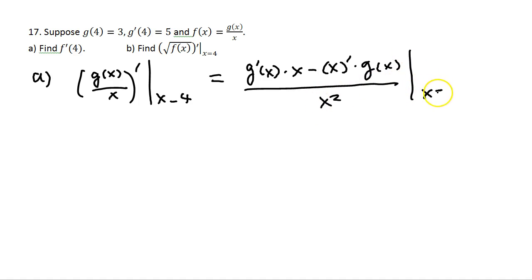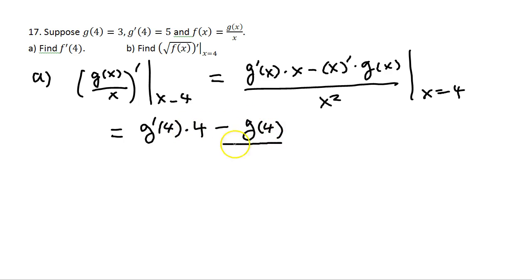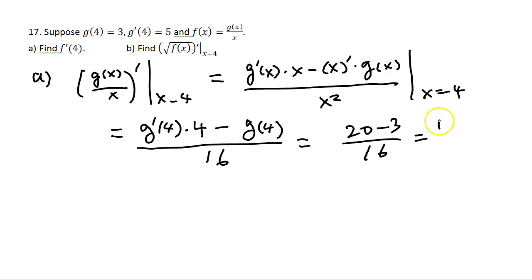And I have to plug in 4 into x. That gives you g prime of 4 times 4 minus g of 4 over 16. Then I can plug in these values I'm given. g of 4 is 3, g prime of 4 is 5, 5 times 4 is 20, minus 3 over 16, so it's 17 over 16.